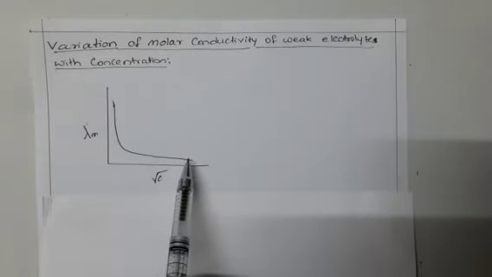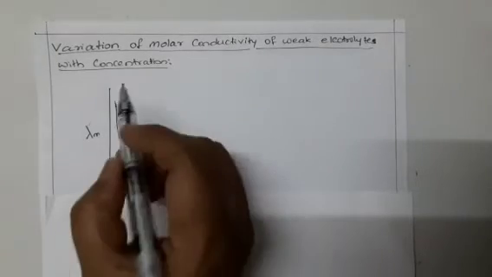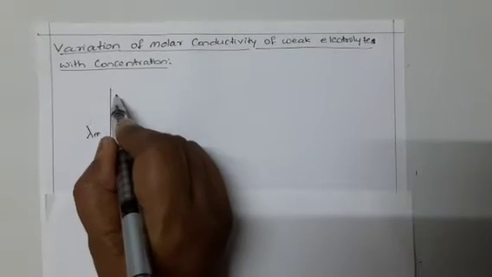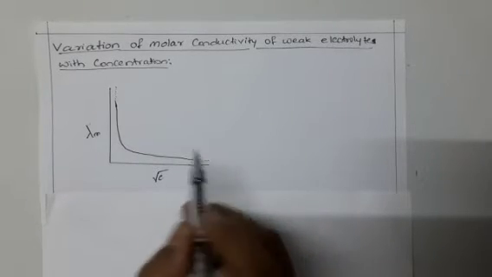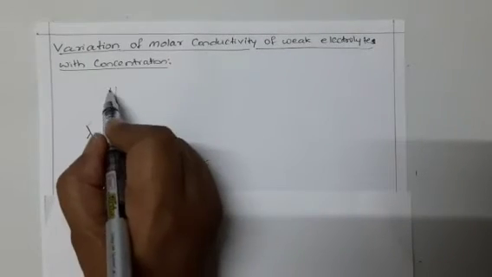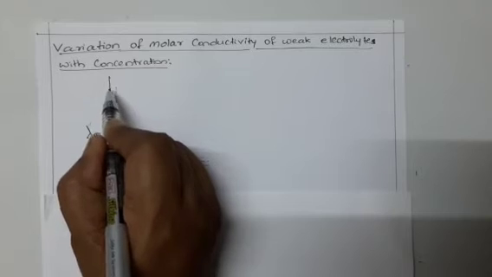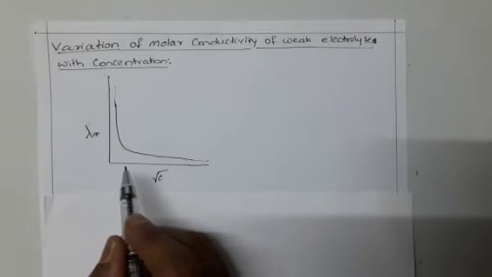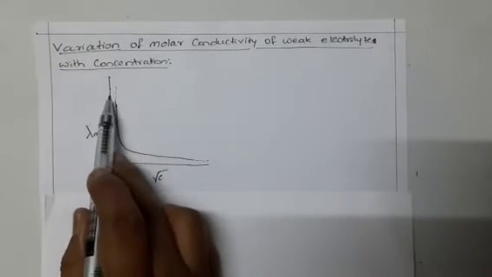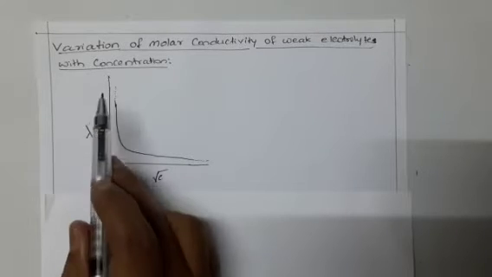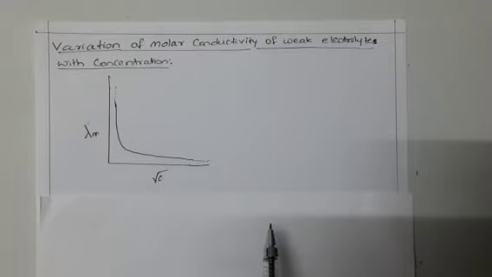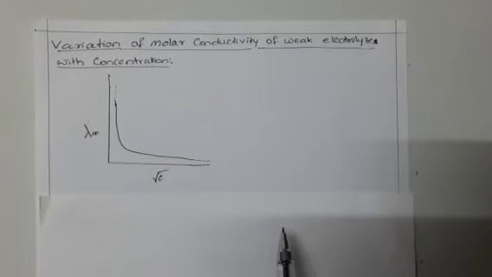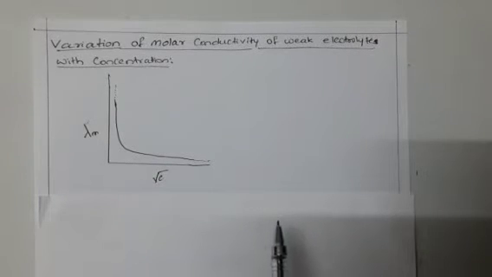When we do extrapolation here, we are increasing, but it does not reach this point. It doesn't touch the zero concentration. So graphically, measuring limiting molar conductivity of weak electrolyte from this graph is not possible.